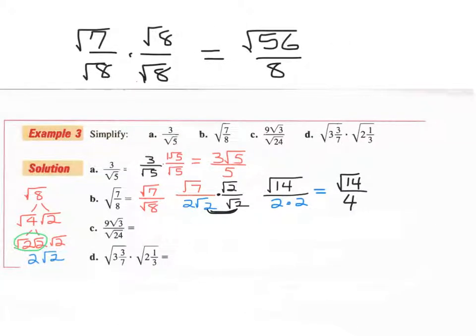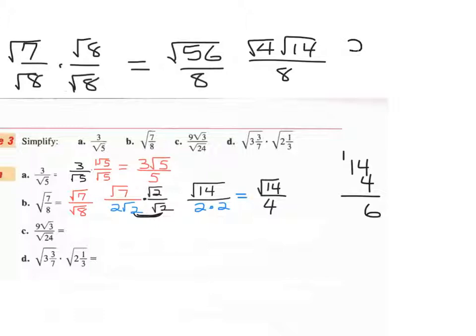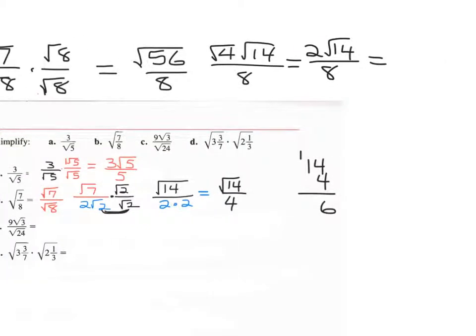So I could actually break this down, let's see, 14 times 4. Still have the 8 outside. Then break it down into 2 square root 14 over 8. And then finally simplify the 2 and the 8 and make it square root 14 over 4.